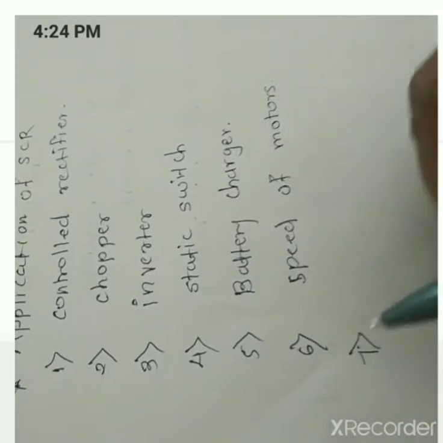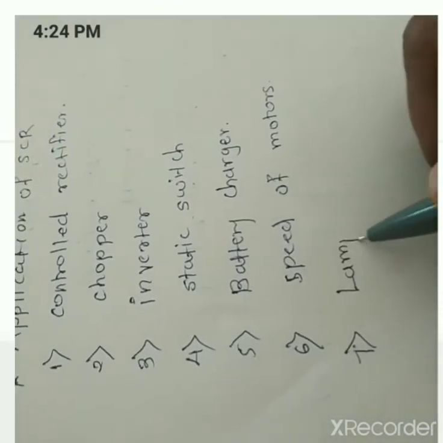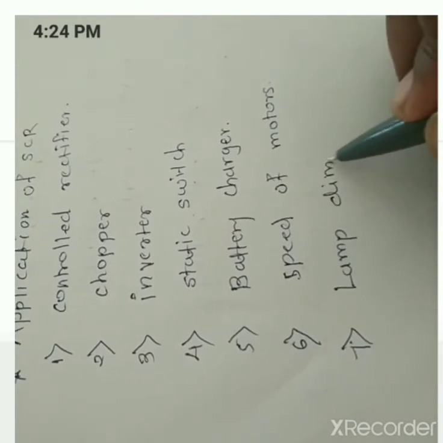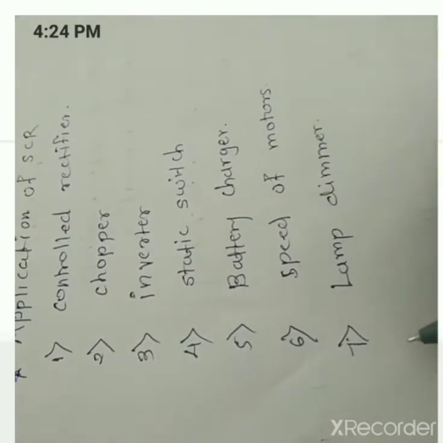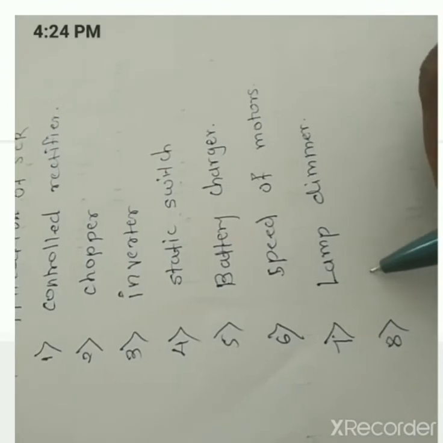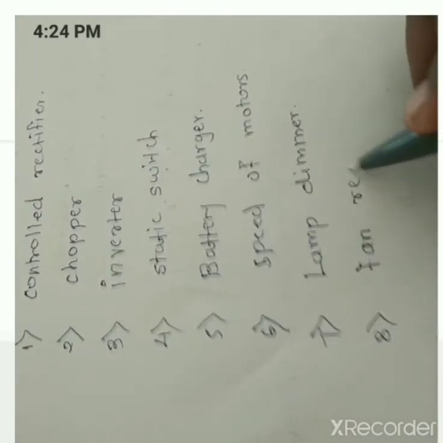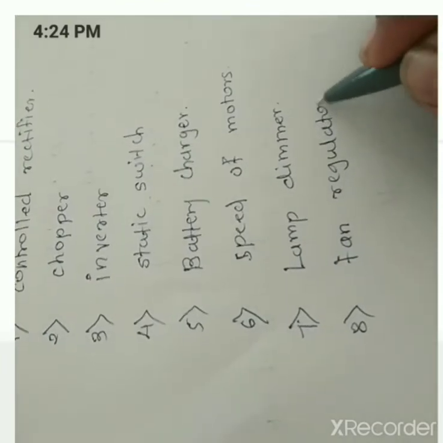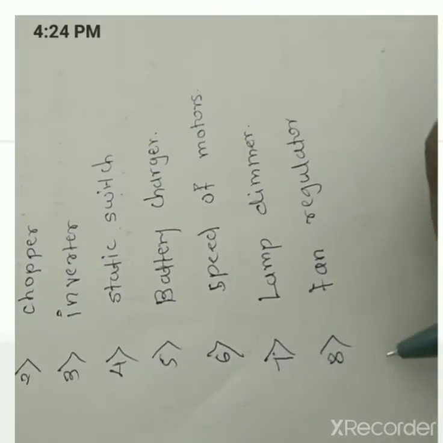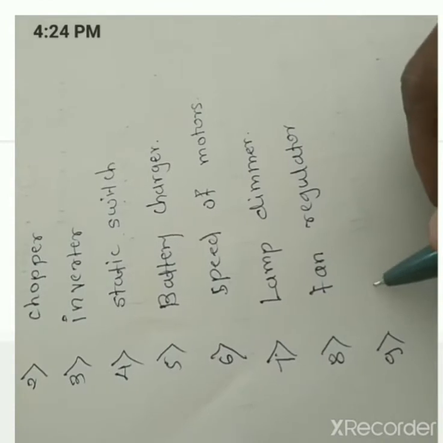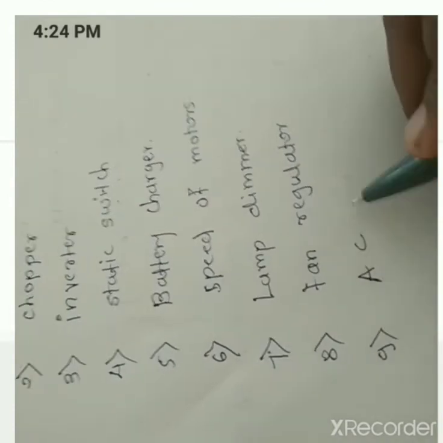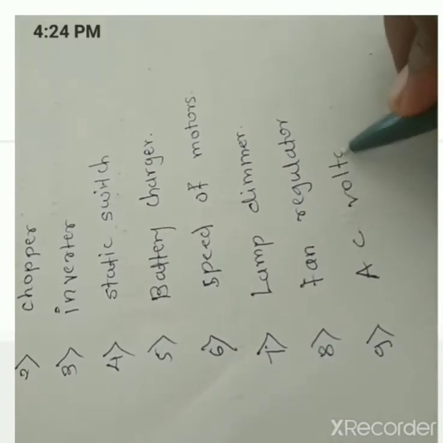Next, it is used in lamp dimmer circuits. It is also used to control the speed of fans, called a fan regulator. And it is also used as an AC voltage stabilizer.